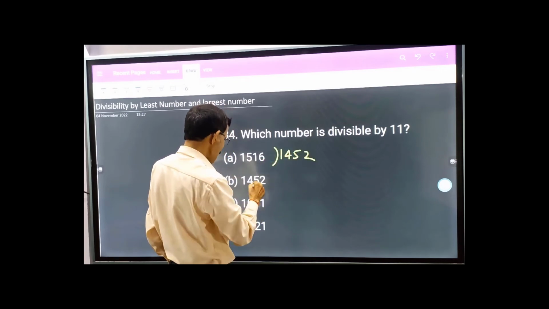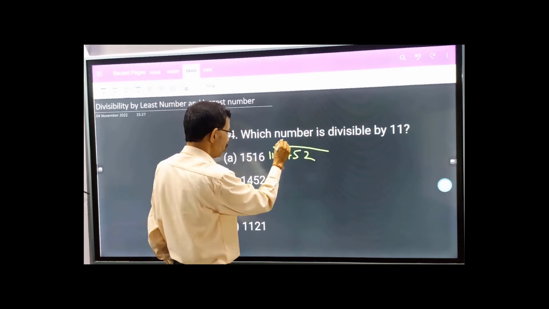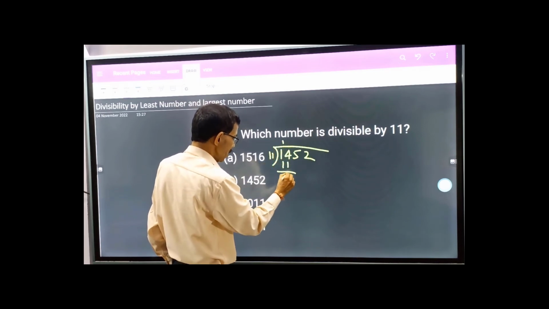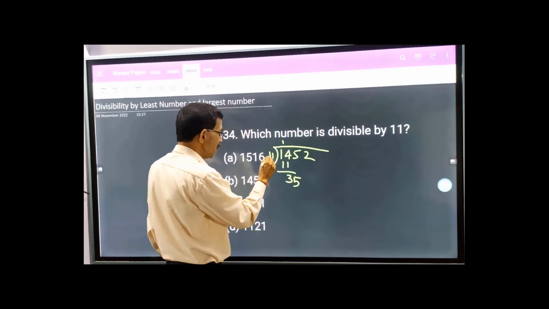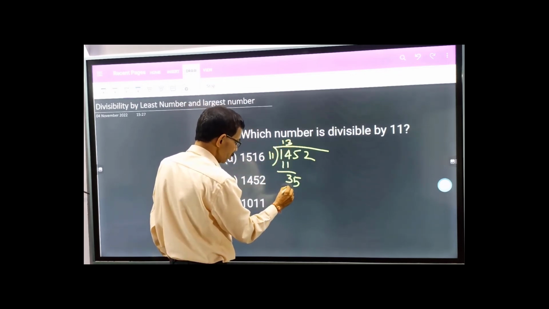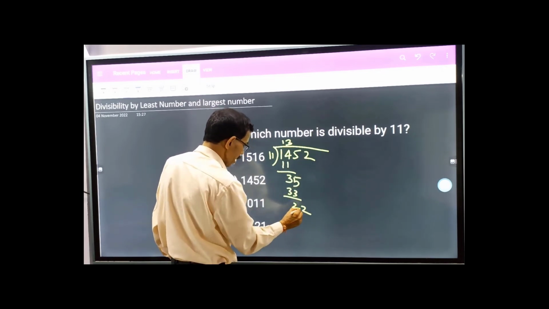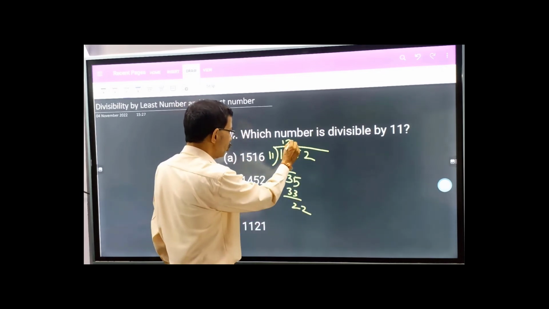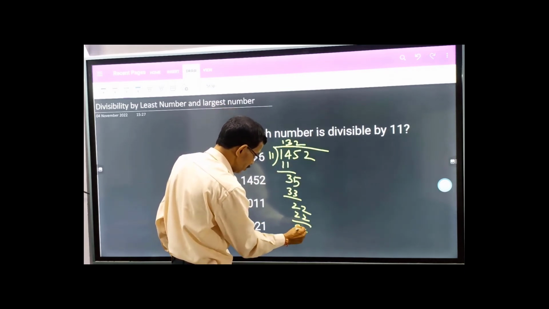1452 divided by 11. So here 11 1 the 11, remainder is 3 and I take 5, 11 3 the 33 and the remainder is 2, I take 2 over here. So 11 2 the 22. So this is 0.